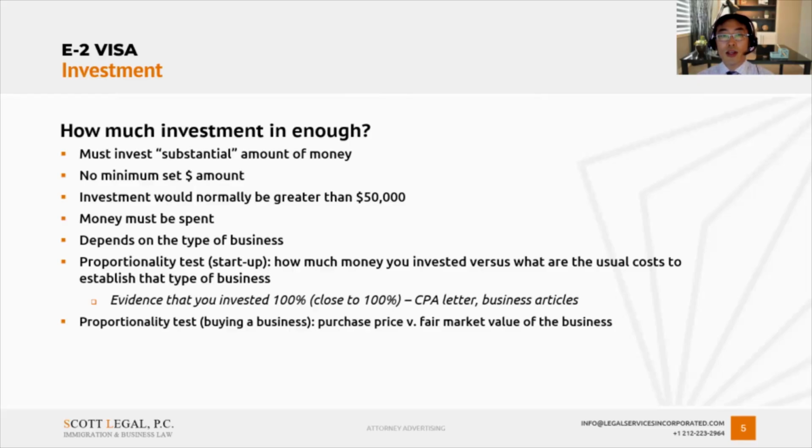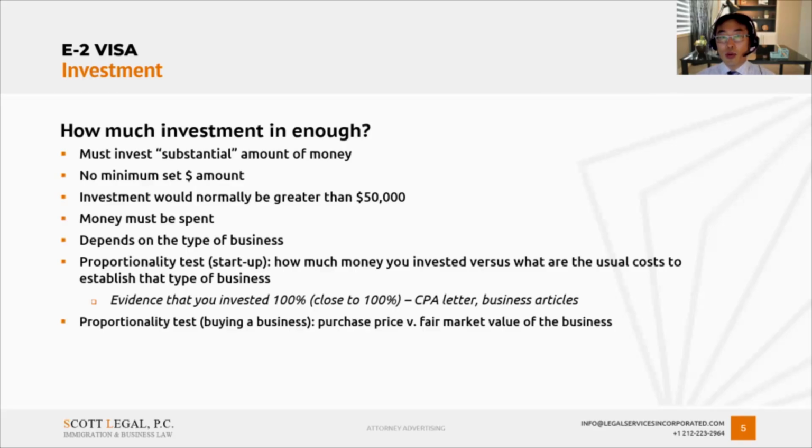More importantly, you need to show that the amount is enough to make the business fully operational, and that it looks reasonable to the government officer. So that is why we usually recommend investing at least $50,000 to meet the government officer's review standard.